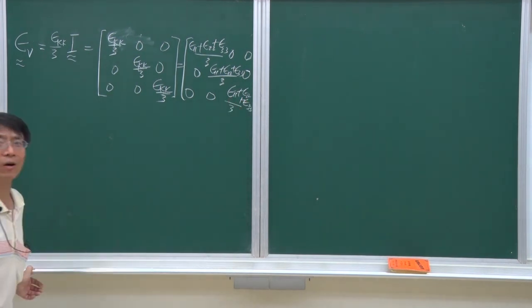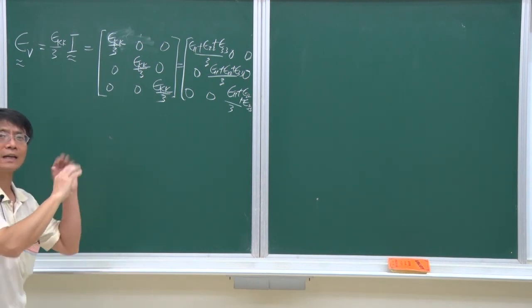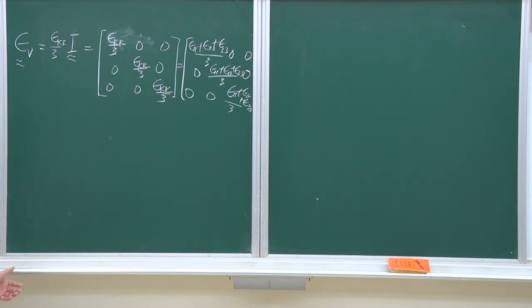Okay, you understand what I'm doing now, even though it is a little bit ugly. Okay, so we have a 3 by 3 matrix, and then it can represent the volume.